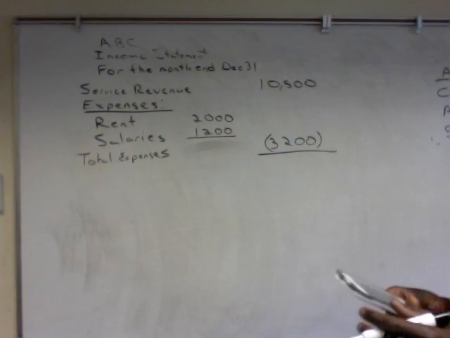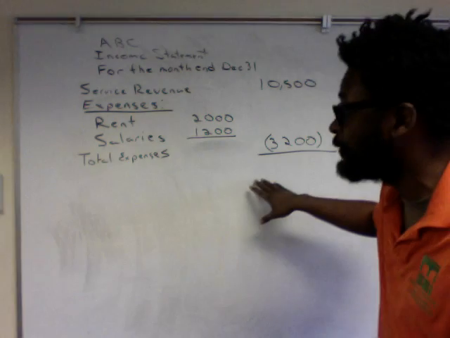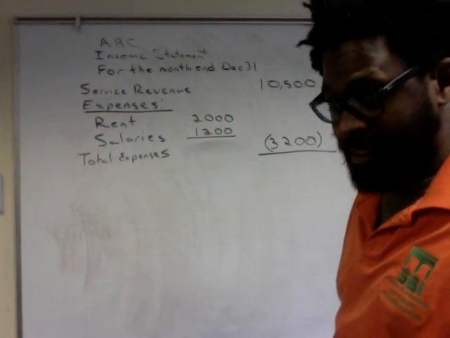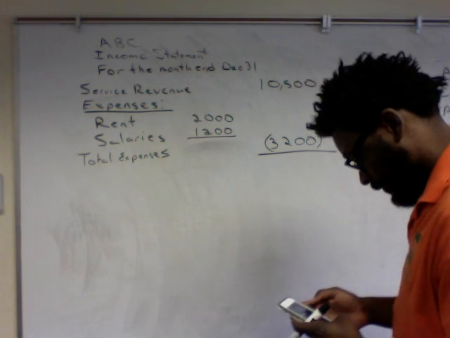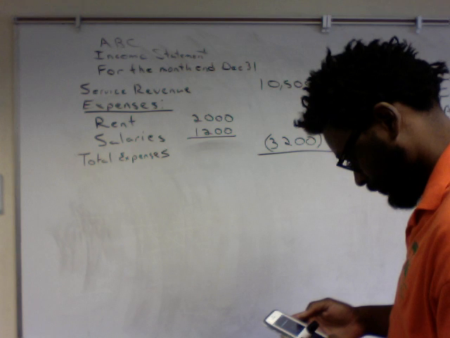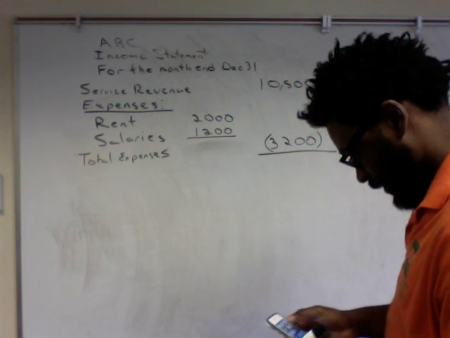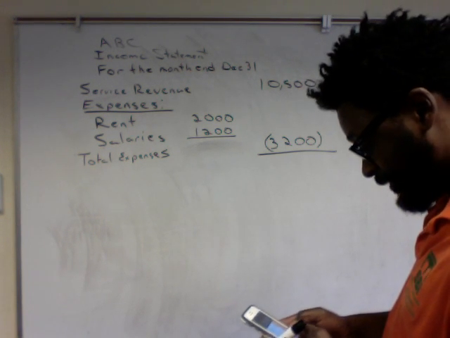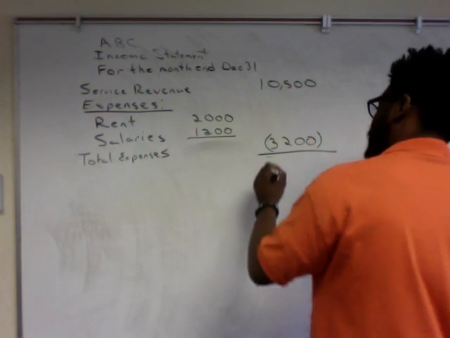Obviously, more revenues than I do expenses. So that's going to give me a net what? Income. A net income. So I'm going to subtract this. 10,500 minus 3,200. That gives me 7,300.